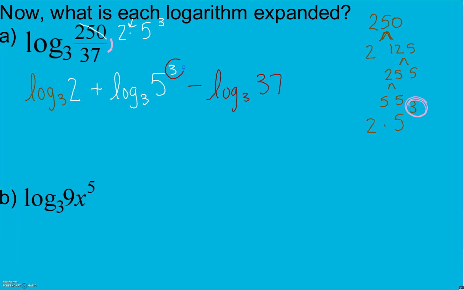Final step is to take that exponent and swing it to the front. Log base 3 of 2 plus 3 times log base 3 of 5, and again that's using our product property of logarithms, minus log base 3 of 37.